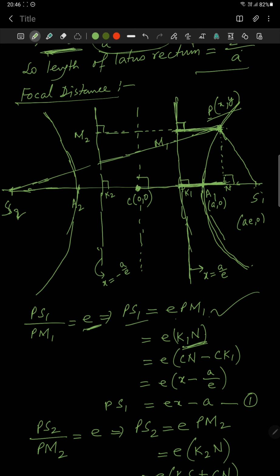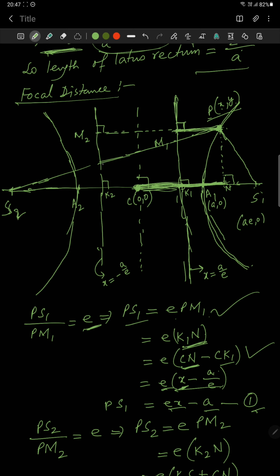I am talking about this CN minus CK1, that is what I have written here, and CN is nothing but the x coordinate of this point P, which is x comma y. As C is taken as origin, CN is equal to x, minus CK1. CK1, you remember this was the directrix and this length was proved as A by E. So that is what I have written, A by E. And when E is taken inside, it becomes Ex minus A, that is your equation number 1.